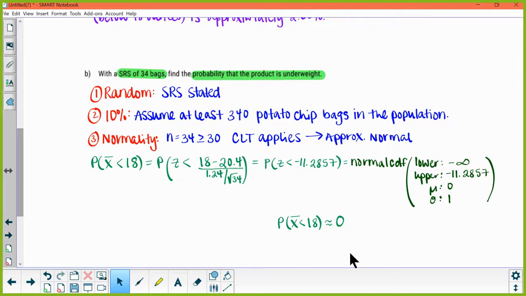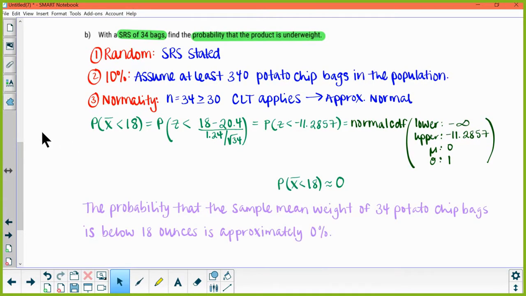We will still write a little summary about this. The probability that the sample mean weight of 34 potato chip bags is below 18 ounces is approximately 0%. So the chance of me taking a sample of 34 bags and their average being less than 18 ounces is 0%.